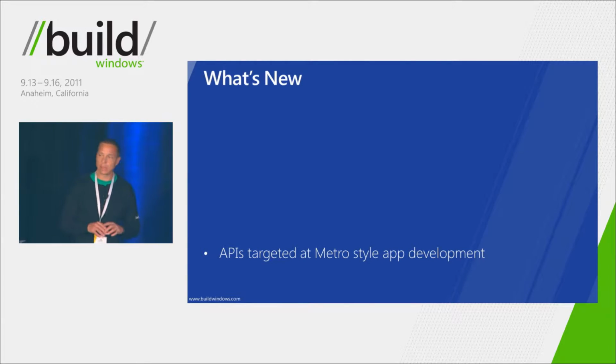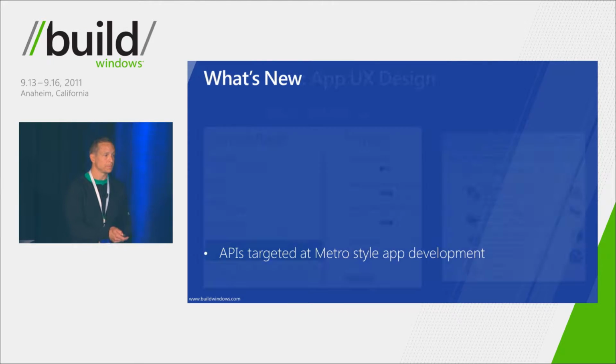And it turns out they're tied in many ways with the deployment model for Metro-style apps through the store. They're tied in with the package. And so it wasn't really easy to separate them out and make them, say, more generally desktop friendly. And they're really not designed necessarily for desktop use. They're designed for this touch-centric, reimagined app experience. But the APIs that I'll talk about and show today are for building Metro-style apps.